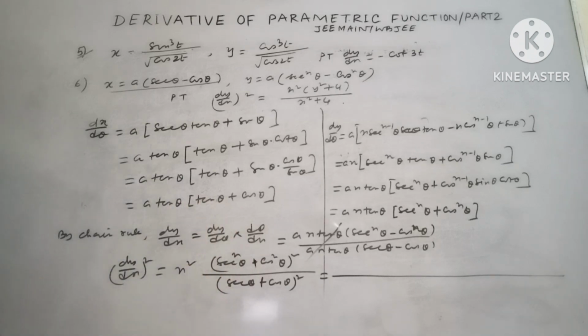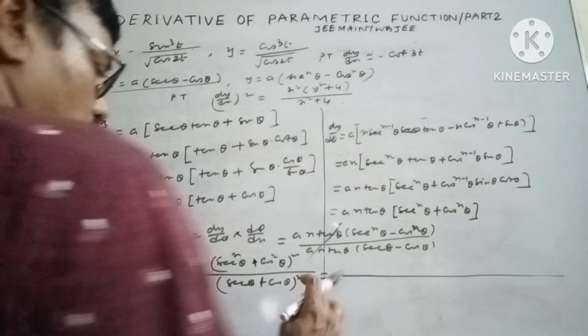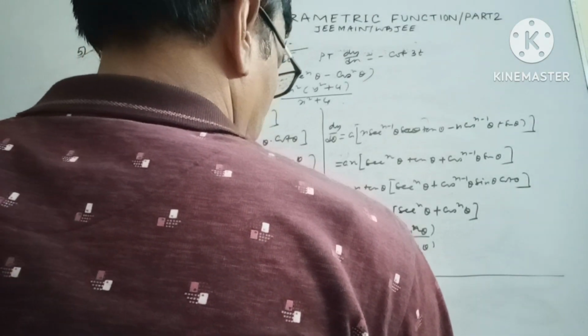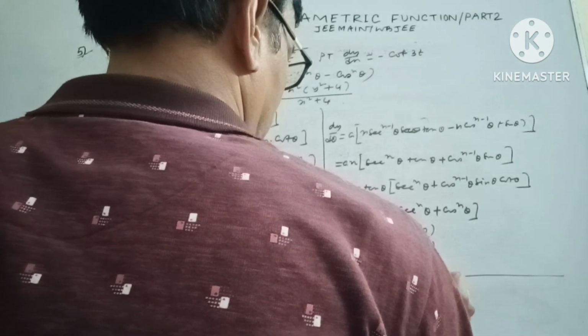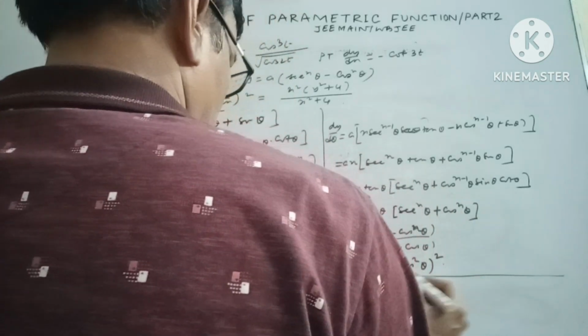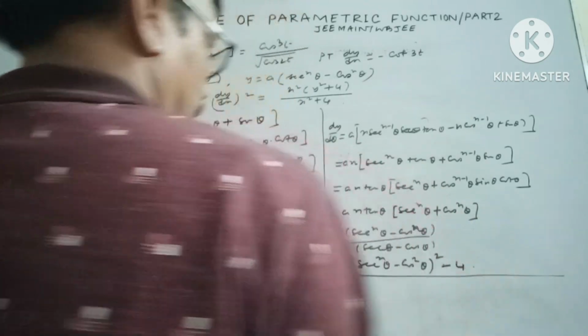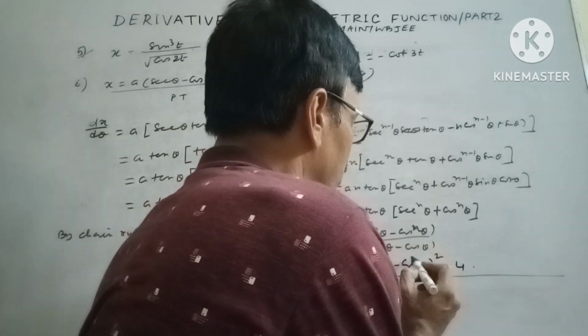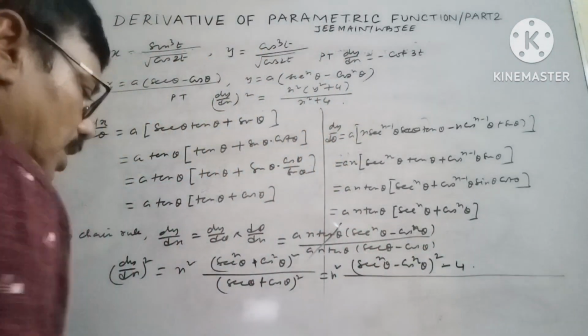So try to use a plus b whole square. So what is a plus b whole square? It is a minus b whole square plus 4ab. So cos to the power n, sec to the power n is cancelled out. So this advantage we are getting.